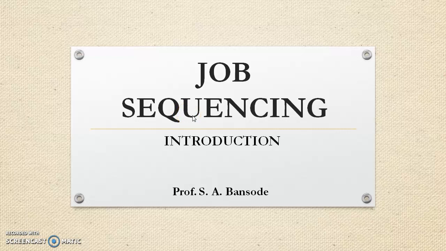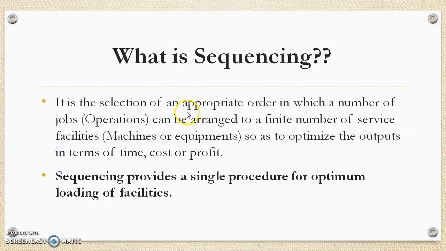So let us see what job sequencing is now. Job sequencing is nothing but the selection of an appropriate order in which a number of jobs, that is operations or activities, can be arranged to a finite number of service facilities, that is machines or equipment, so as to optimize the outputs in terms of time, cost or profit.